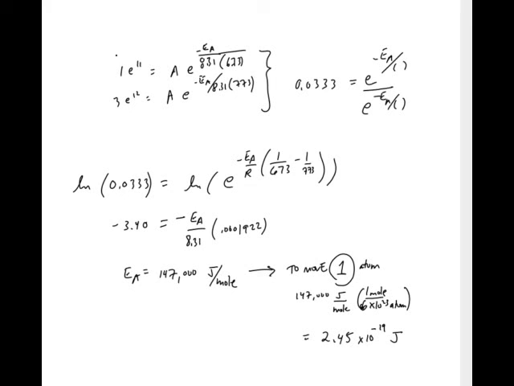I was given two pieces of information. We'll plug in the number of vacancies for the first one, the number of vacancies for the second one, and for each one put in the corresponding temperature in Kelvin. We have two equations, two unknowns. Solve it any way you'd like. I'm going to divide one equation by the other. The A's cancel and we get this.